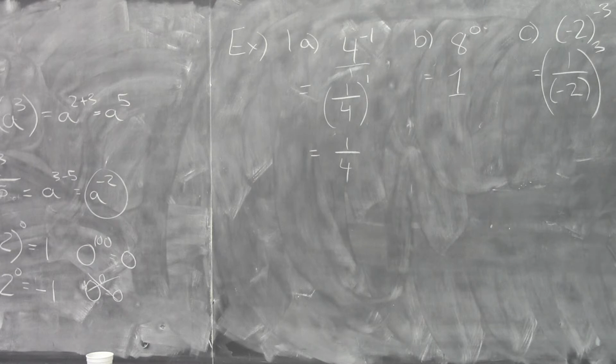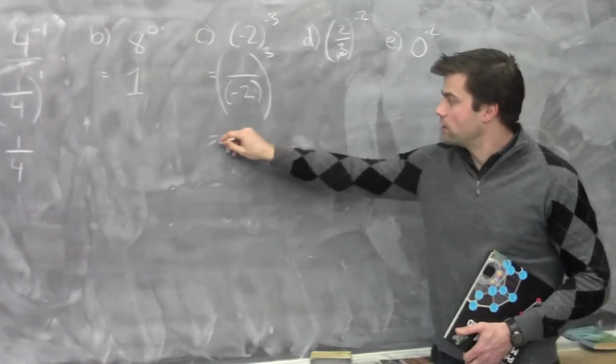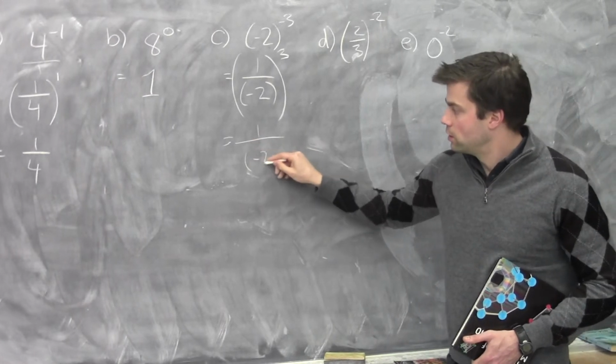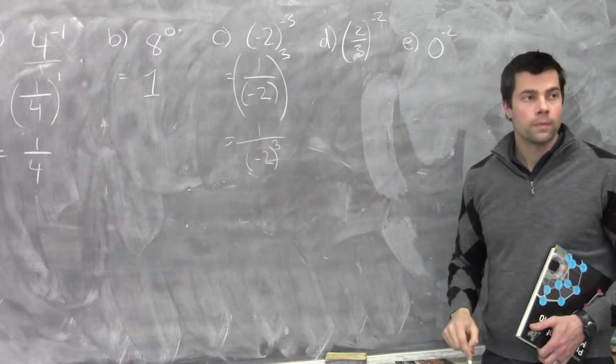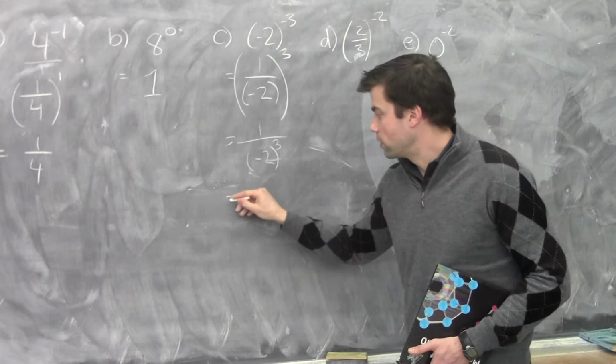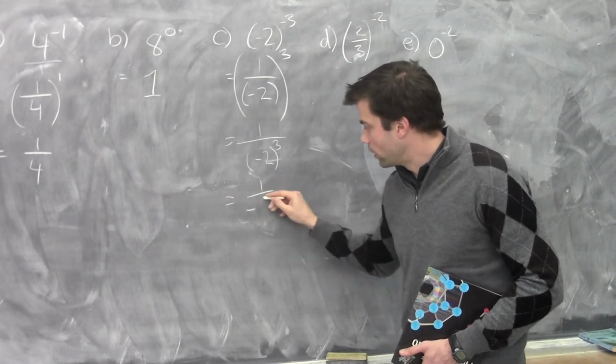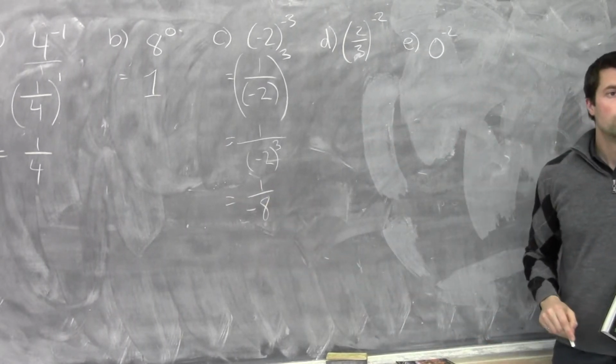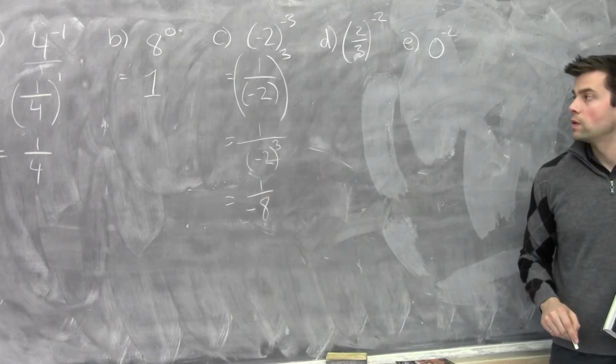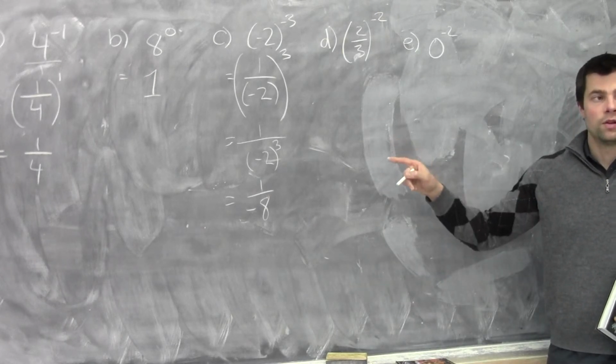Good, positive 3. Now that positive 3 exponent applies to both the numerator and denominator. 1 to the exponent of 3 is just 1. And now negative 2 to the exponent of 3. Finally, we can finish that off. 1 over negative 8. Okay? Any questions with that one?